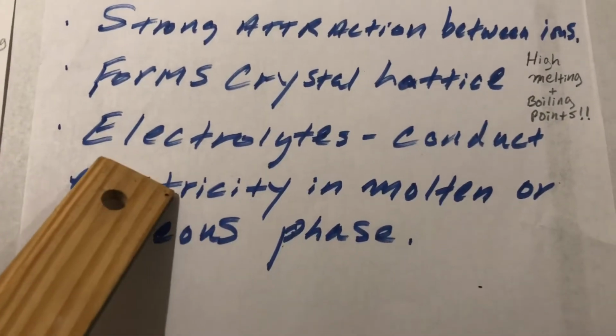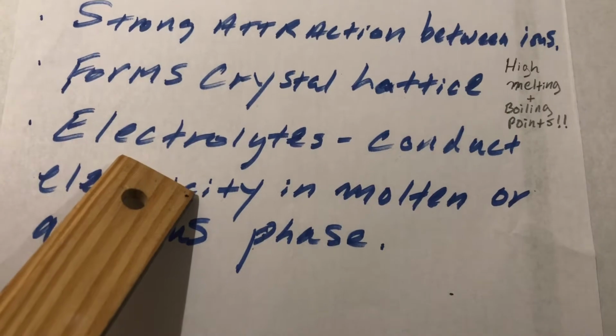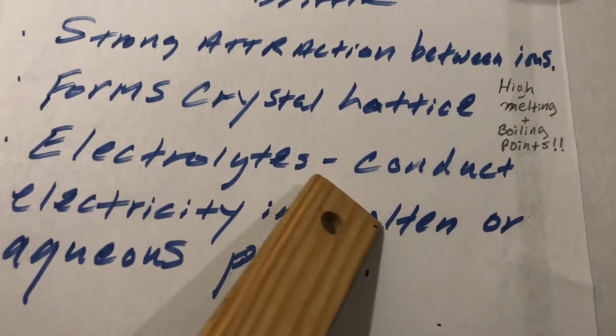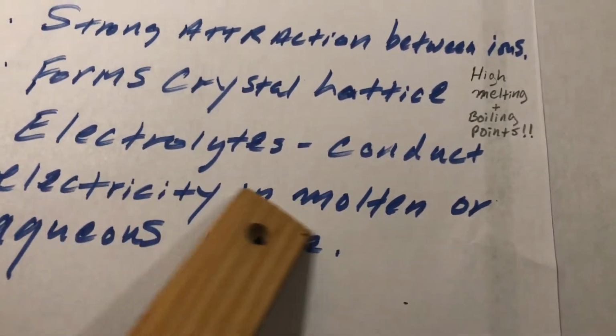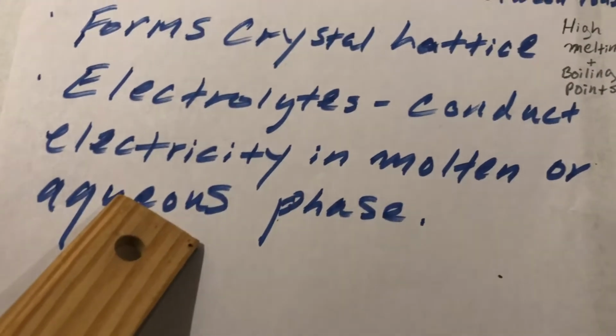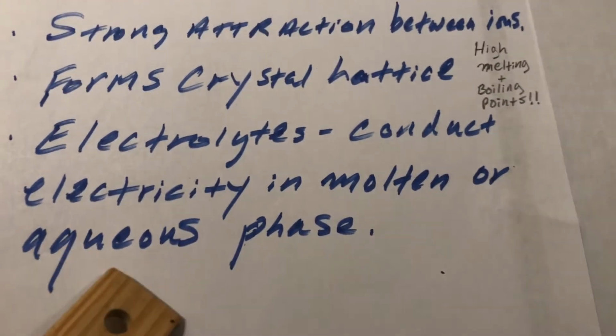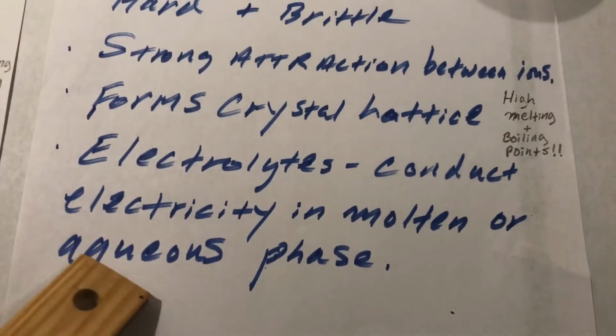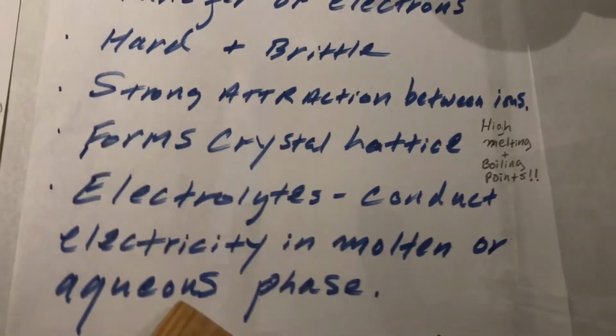And ionic compounds are electrolytes. What does that mean? They will conduct electricity in the molten or aqueous phase. And remember, you told me in class that molten simply means melted. So we'll do some experiments in a second.